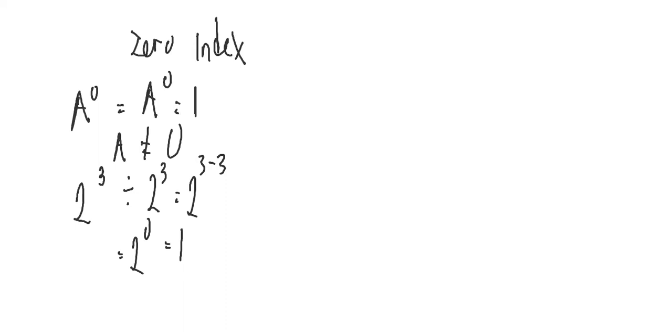So the next rule quickly is the power of a power. When a power is raised to another power, such that this a raised to power b, for instance, is now being raised to another power, let's say c, what would this result into? This would be a raised to power bc.